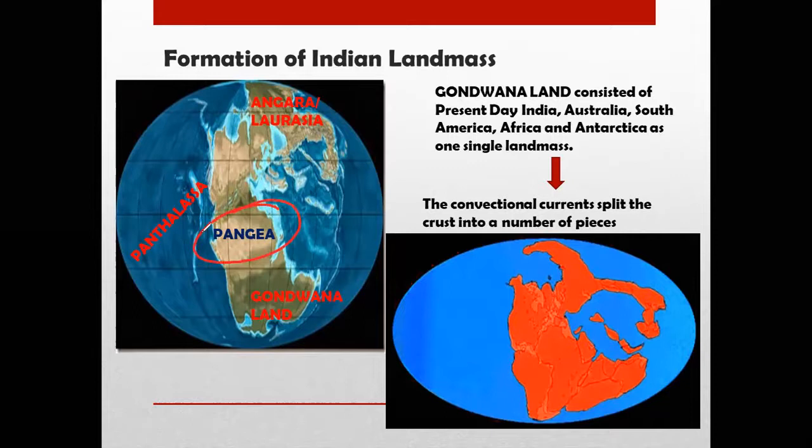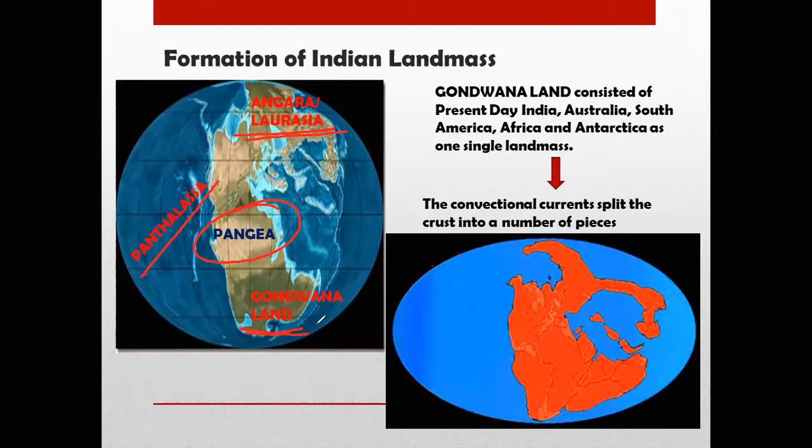It was surrounded by water on all sides, and the water body was named Panthalassa. Now, the northern part of Pangaea was called Angara or Laurasia, whereas its southern part was called Gondwana land.